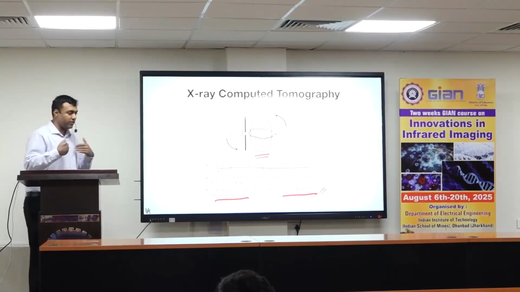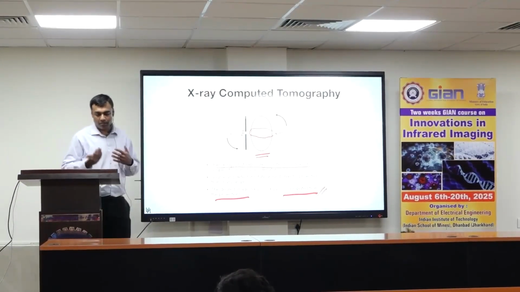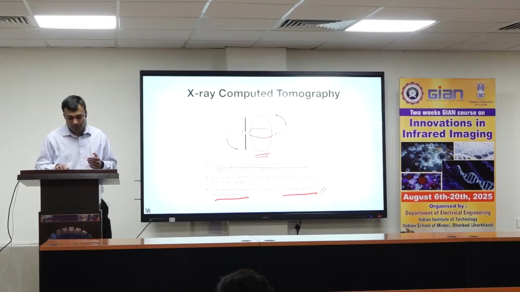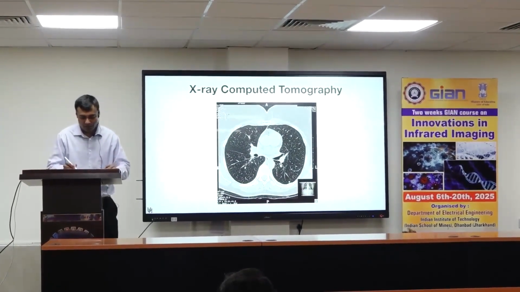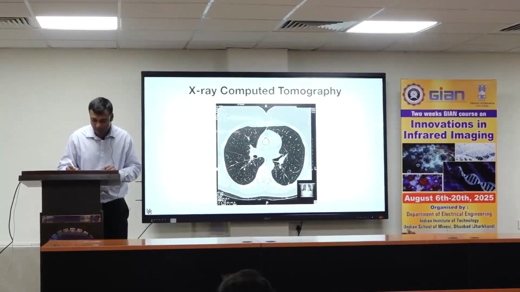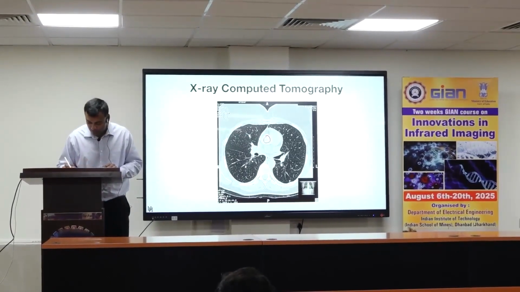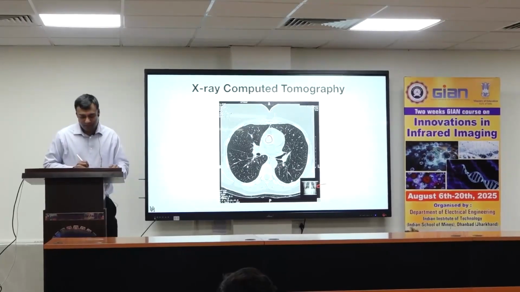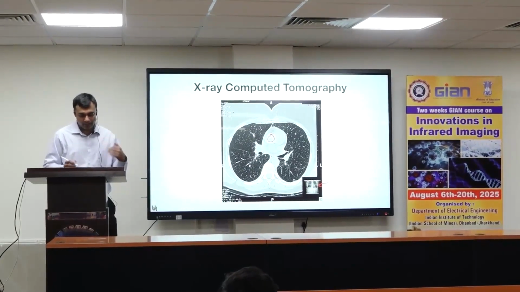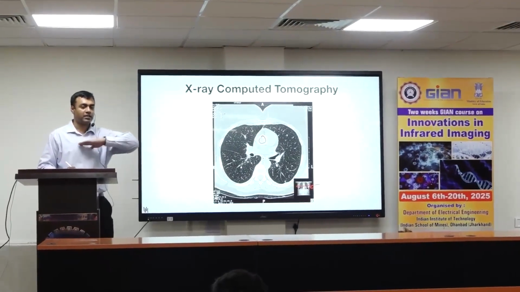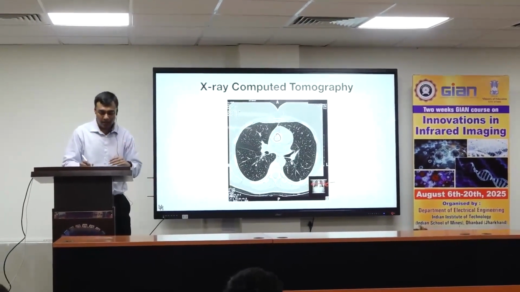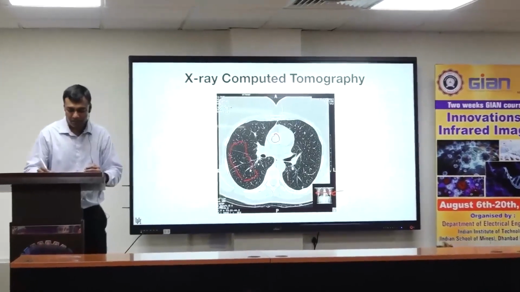The desired image of the inside of the body is computed from projections this way, and you get actual images of this sort. You can see that this is the chest area, and they have taken a slice across the chest somewhere here. These are the lungs, for example, over here.